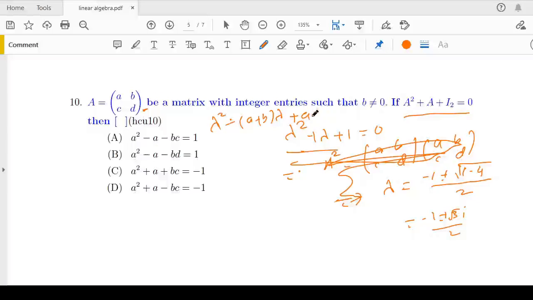Just note that if there are three variables and only one equation, then the dimension is the number of variables minus the number of linearly independent equations.